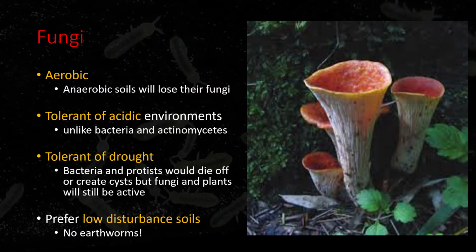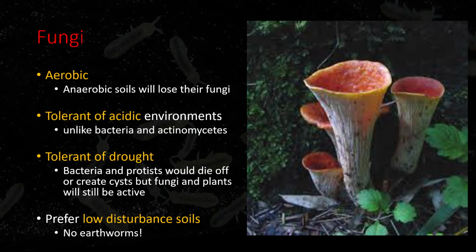Funguses are pretty particular about where they live. Bacteria have adapted to many different environments. Fungus are more picky. They want oxygen. So you will find fewer fungus in anaerobic soils. You'll find them in aerobic soils. So there's fewer funguses growing in wetlands, for example, because the soils tend to be more anaerobic.